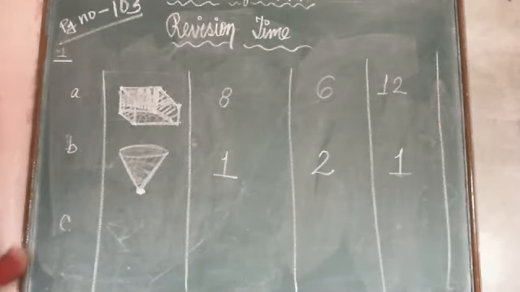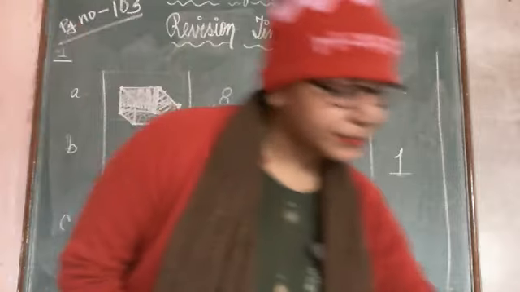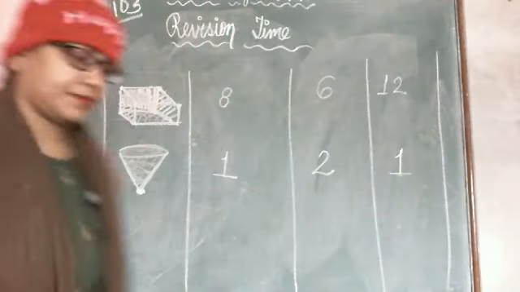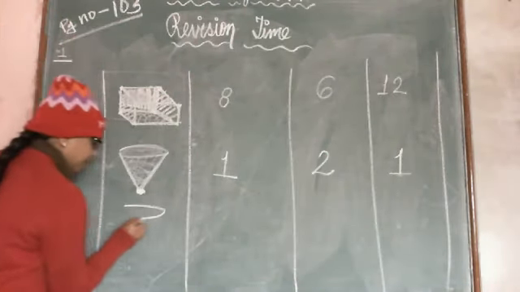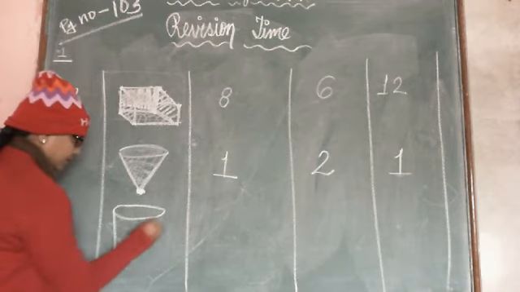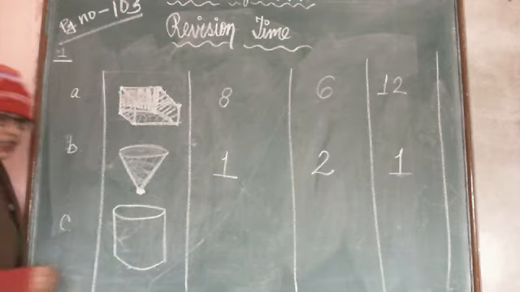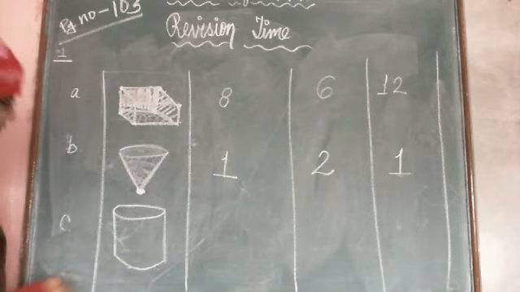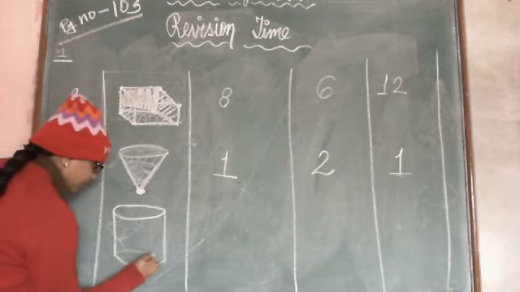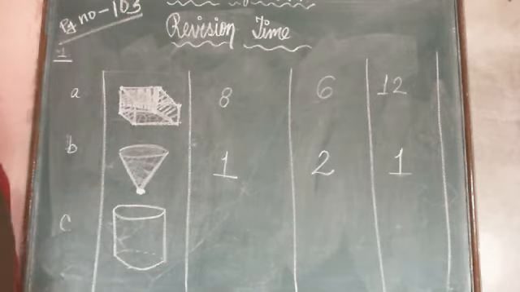Now the next one, see, there is a cylinder. Now, the number of vertices.